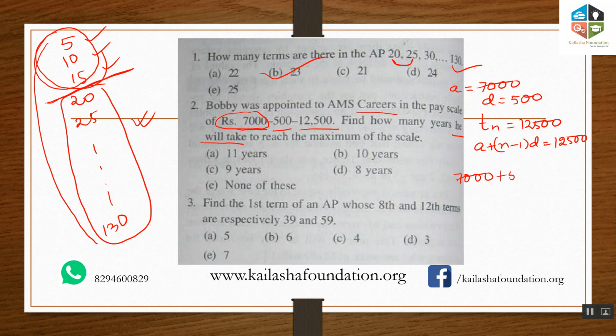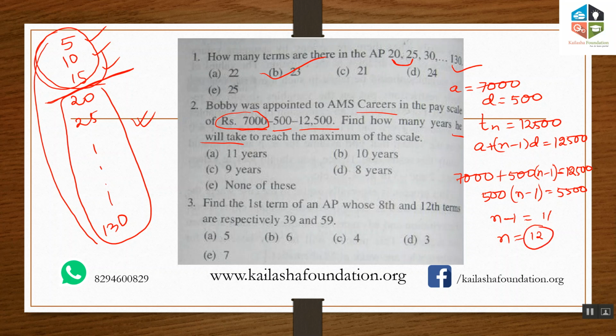7,000 plus 500 times (n minus 1) is 12,500. 500 times (n minus 1) is 5,500. n minus 1 is 11. n is equal to 12. So it will take 11 years, because our n is 12.